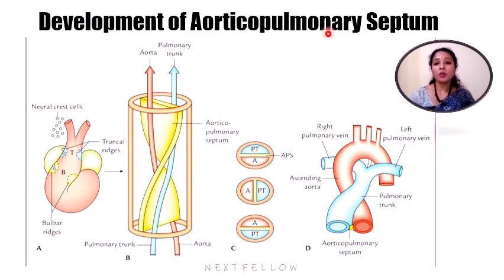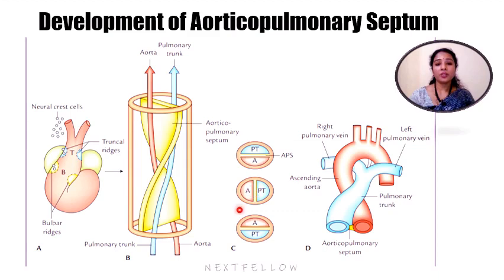In the lower part, the spiral septum or bulbar septum are in the same plane and continuous with each other, and that is the coronal plane. We can see that it is in the coronal plane. As a result, the pulmonary trunk is in front and aorta is on the posterior aspect. And in the middle, the spiral septum is in the sagittal plane.